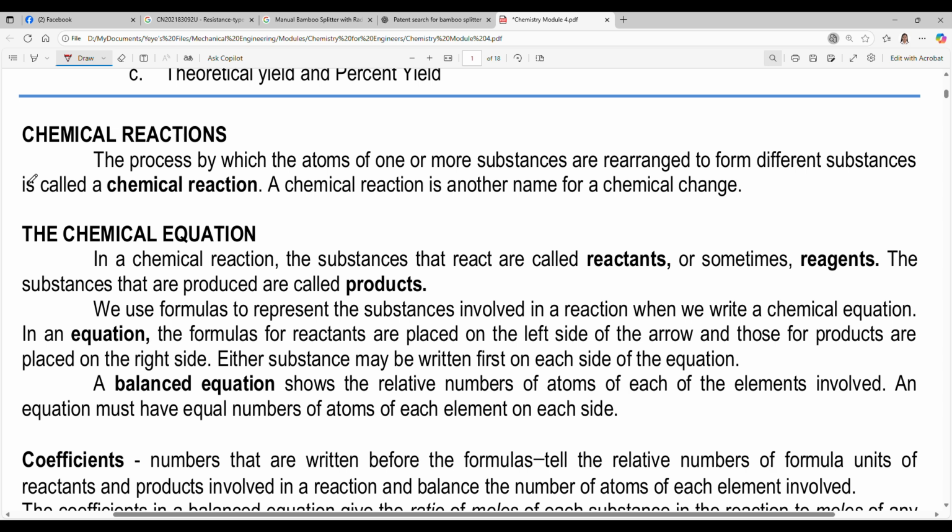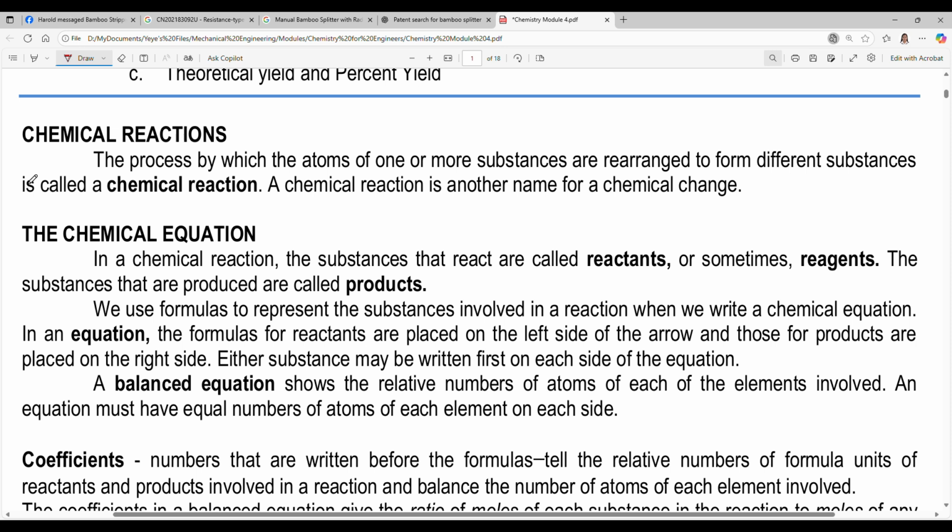So we use formulas to represent the substances involved in a reaction when we write a chemical equation. In an equation, the formulas for reactants are placed on the left side of the arrow, and those for products are placed on the right side. Either substance may be written first on each side of the equation. A balanced equation shows the relative number of atoms of each of the elements involved.